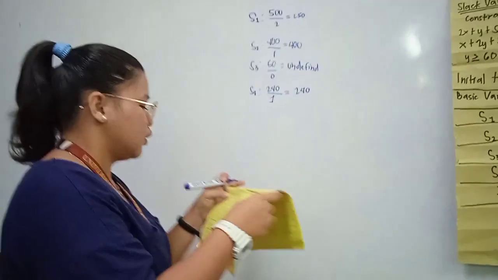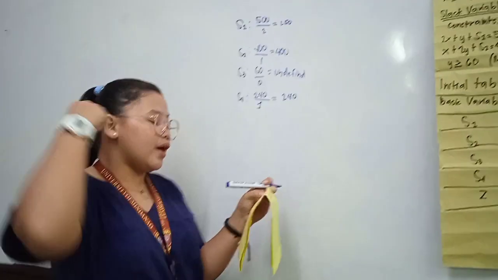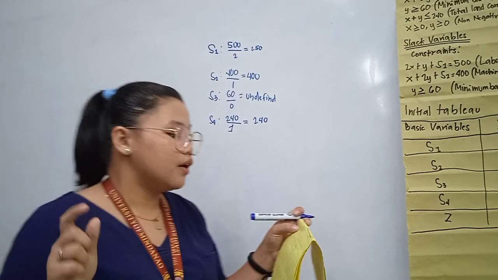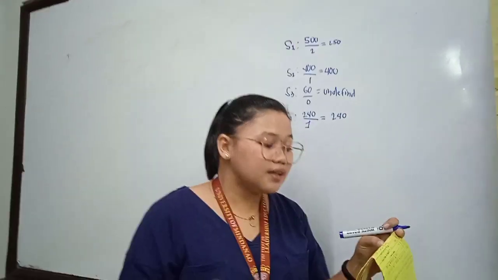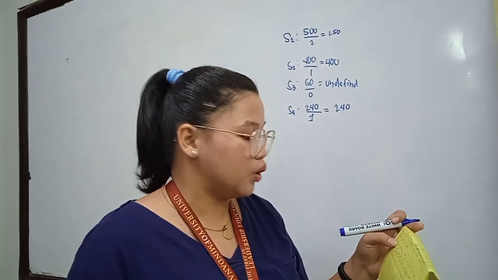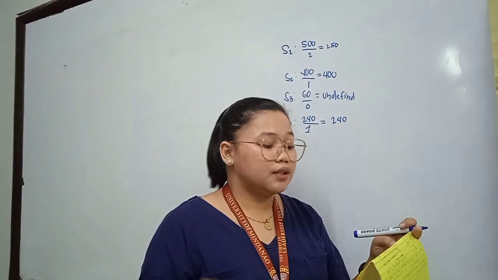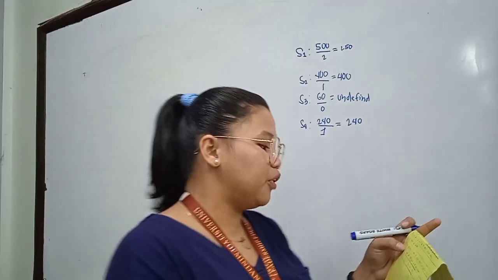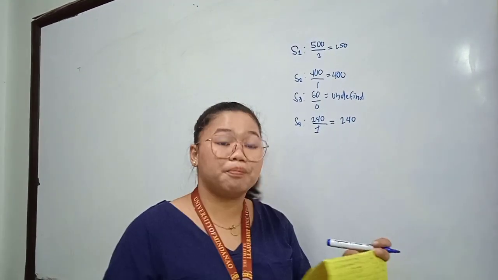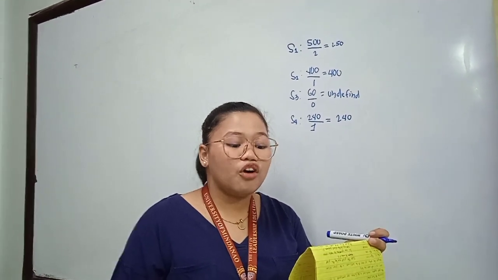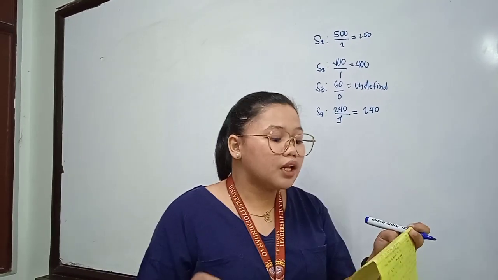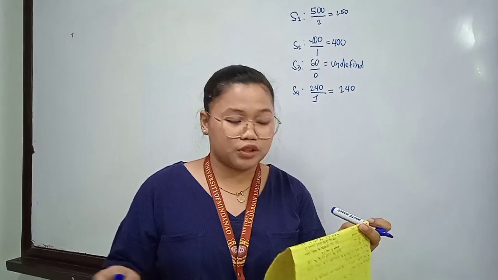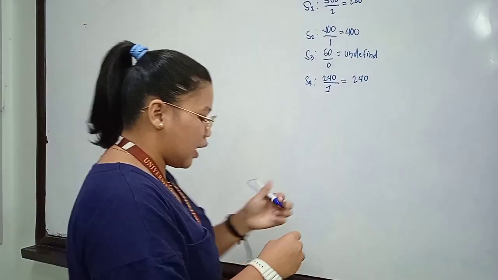Okay. So the pivot row is S1 as it has the smallest positive ratio. Now let's update the tableau. Performing row operations to make the pivot element, the coefficient of X in S1, equal to 1 and eliminate other coefficients in the pivot column. So let's do the tableau.